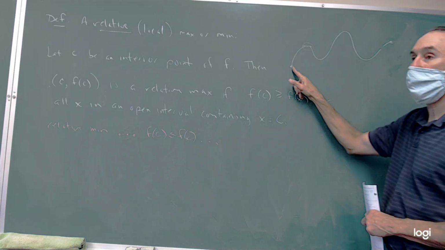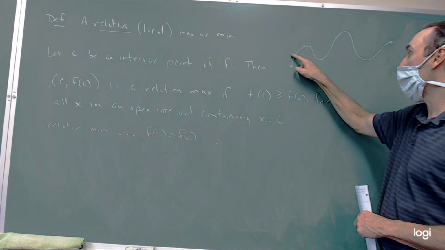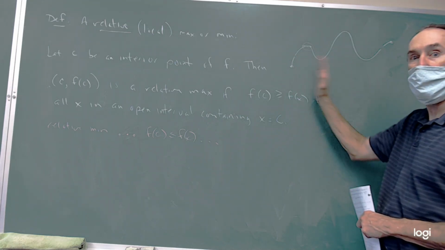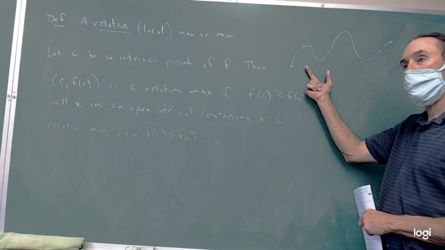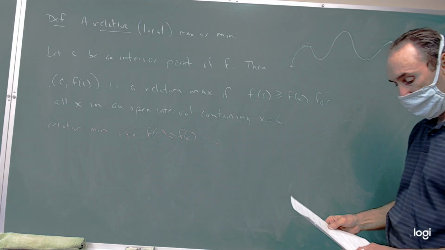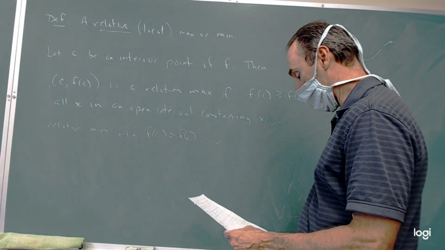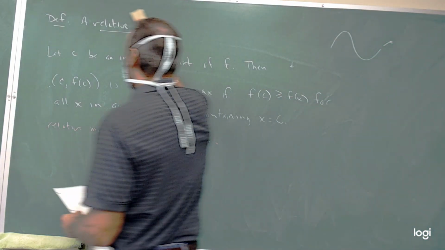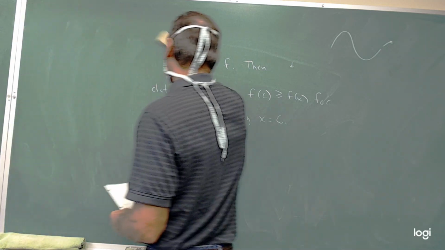Likewise, this is the smallest y value on some interval on the right that contains this endpoint, and therefore it's a relative minimum. And these are named as ordered pairs. I think we're pretty familiar with that.